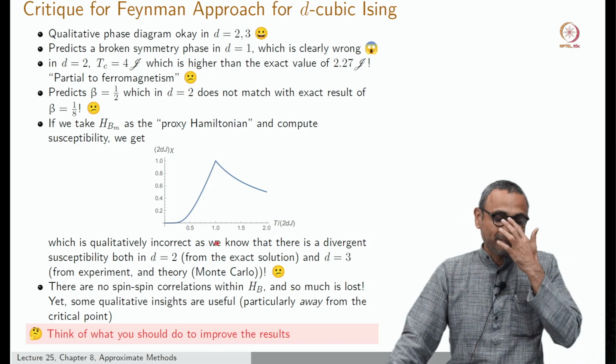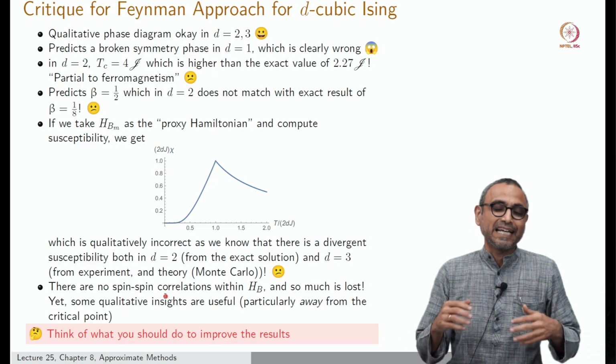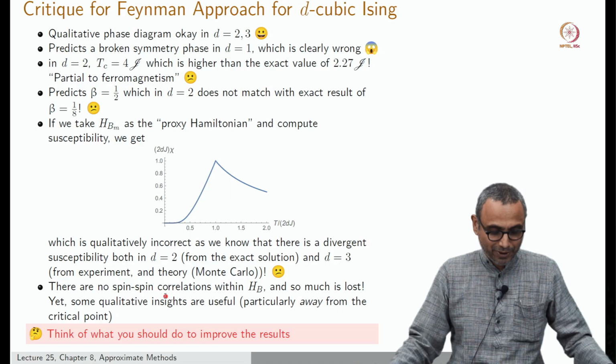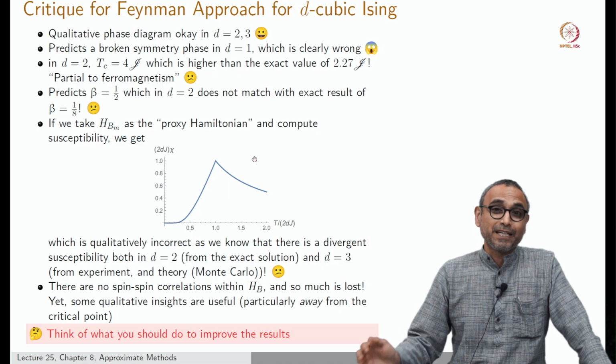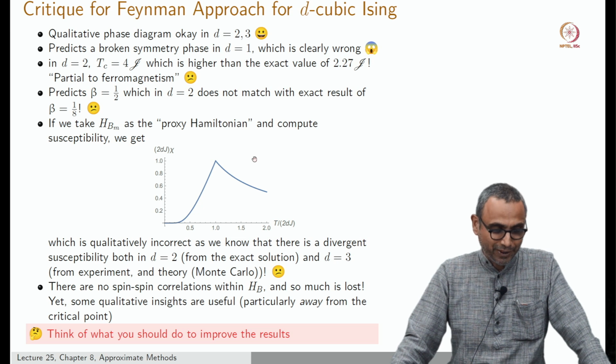So you could conceivably think of ways to improve on such Hamiltonians. Instead of HB, you could think of some other Hamiltonian, and I invite you to think about what you would do to improve the results.